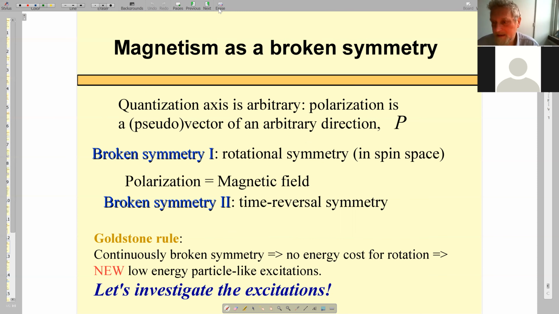So if you got a magnetic state, it's not a single one. It's a manifold of all magnetic states which differ by the direction of polarization. All the states have the same energy.